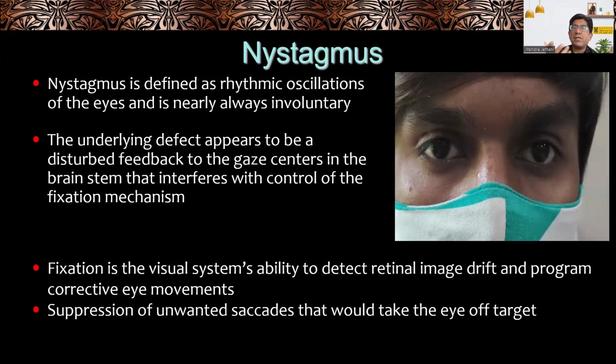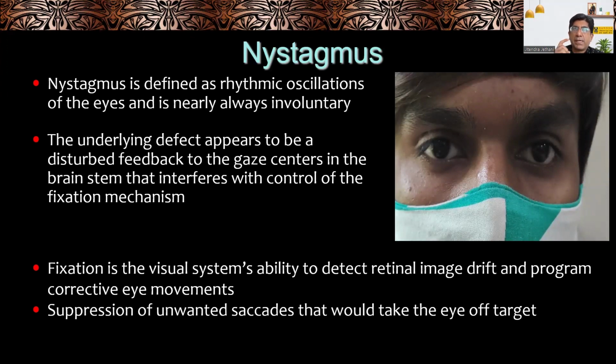In simple terms, what is essentially happening is that the eye has drifted like this, and once there is a retinal image drift, there is a corrective movement. Then again it drifts, and there is a corrective movement. Again it drifts, and there's a corrective movement. So this is the visual system's inability to check this feedback mechanism.